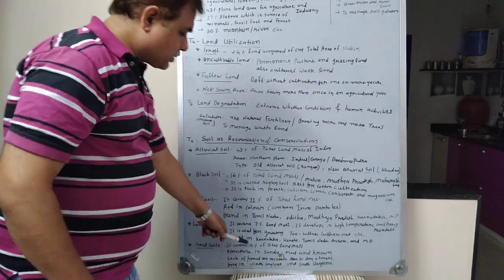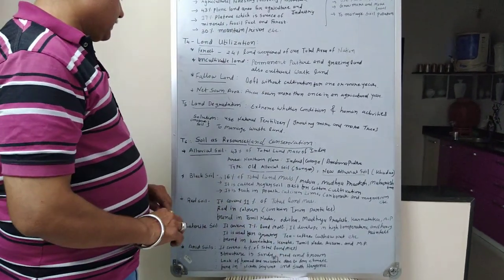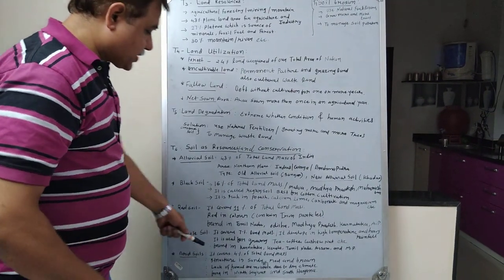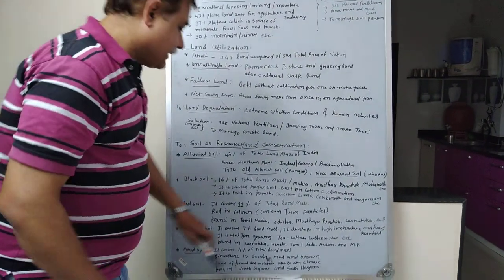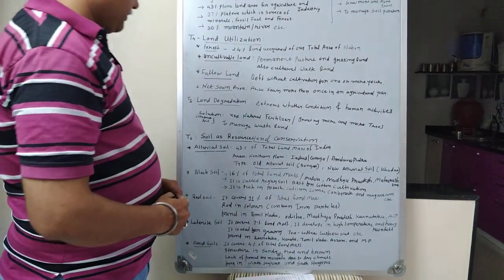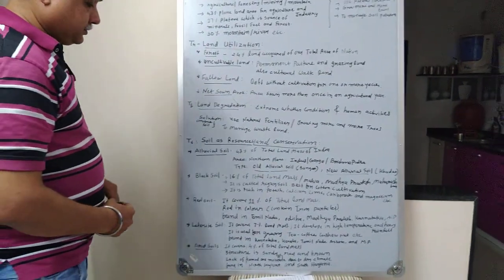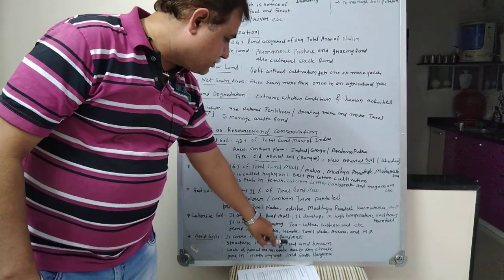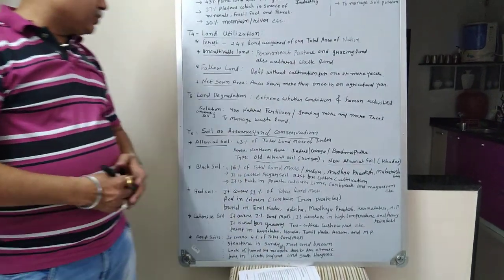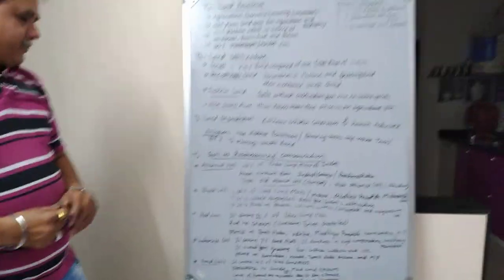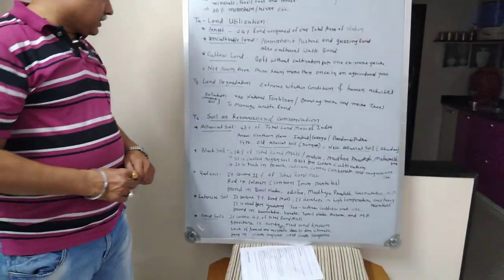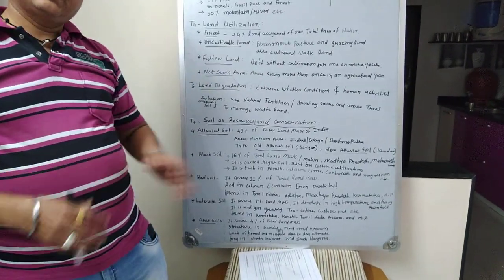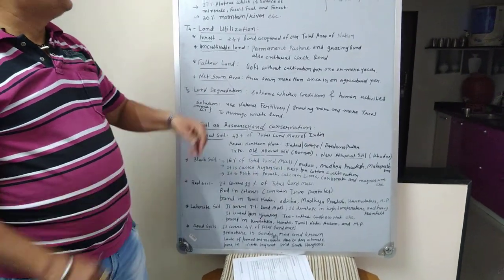It covers 4% of the total landmass of our nation. Its structure is sandy, red and brown in color. It lacks humus and moisture due to the dry climatic condition. Arid soil is found in the north of Gujarat and south of Haryana.